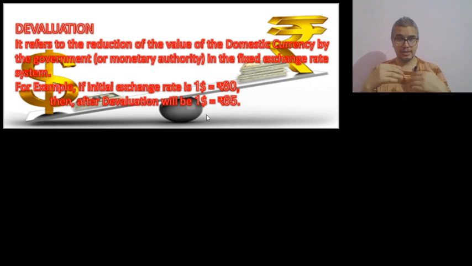So what is happening here is the value of the rupee has reduced, which means now you have to give more Indian currency to purchase 1 unit of dollar. It means that the value of Indian currency has reduced and we have to give more units of domestic currency against each unit of foreign currency. That is, for $1 we have to give more rupees now in case of devaluation.